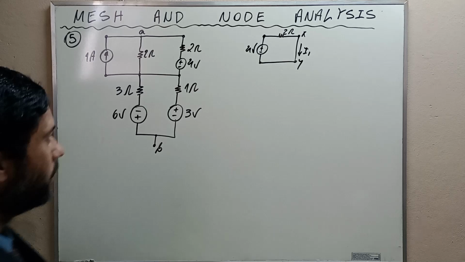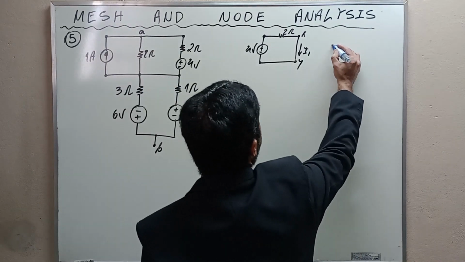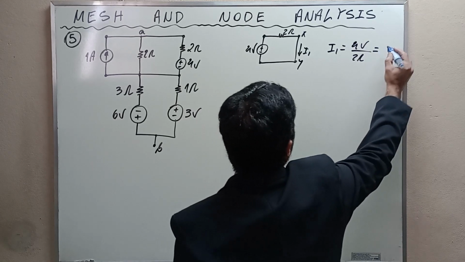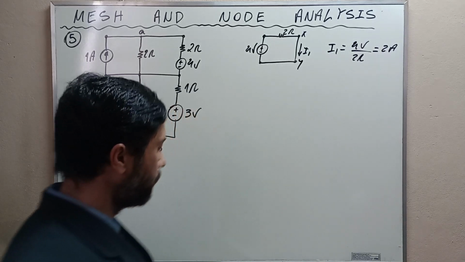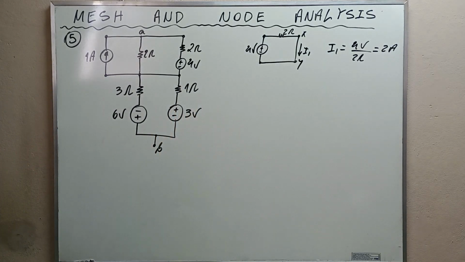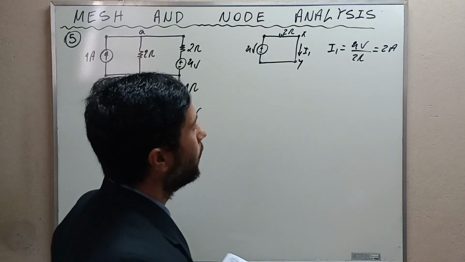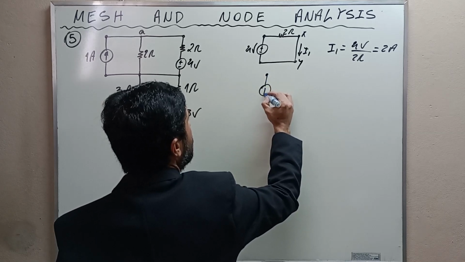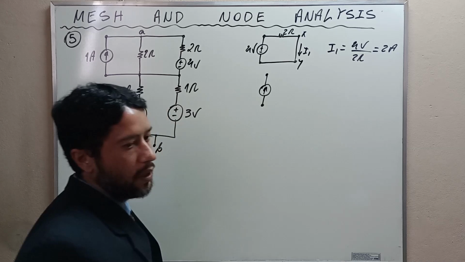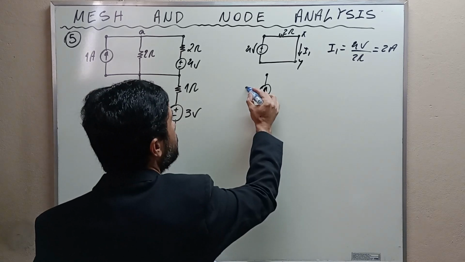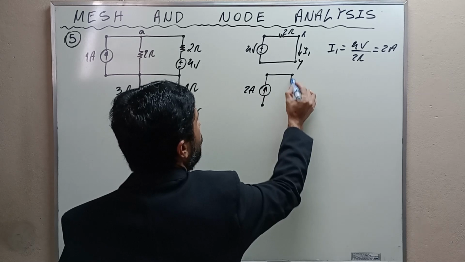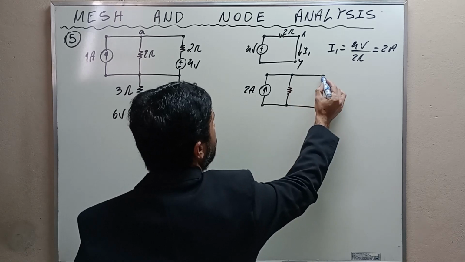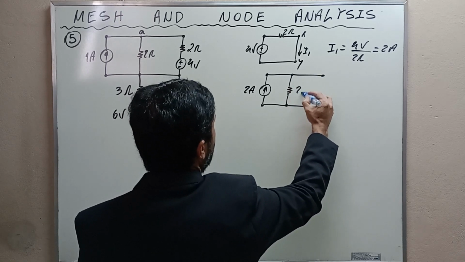The value of I1 is simply the division between 4 volts and 2 ohms, and this is equal to 2 amps, okay? Thus, this circuit can be remodeled as a current source of 2 amps with the resistance two ohms, okay?